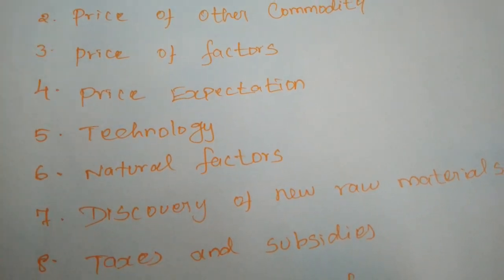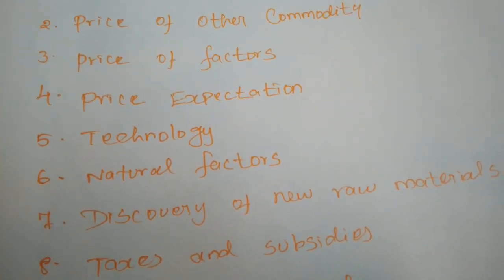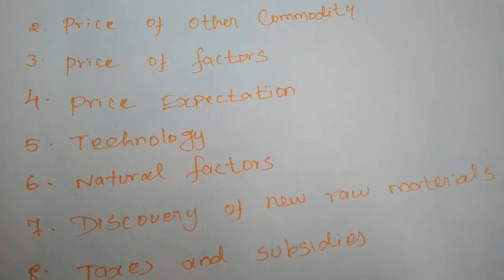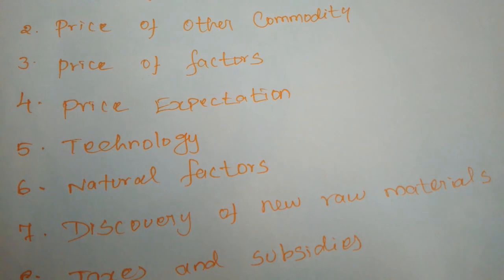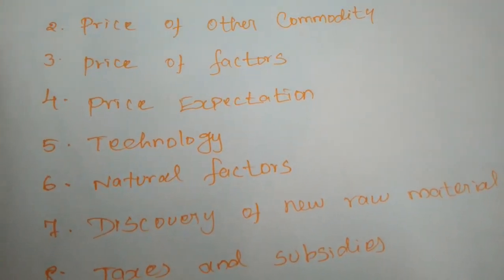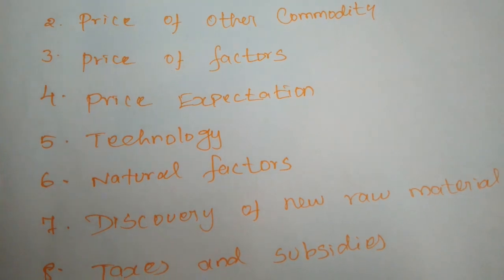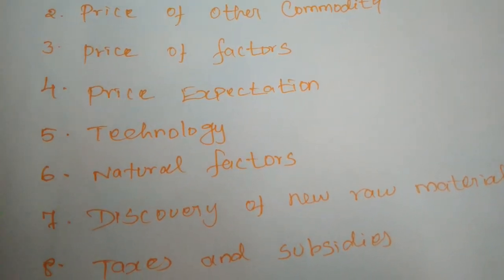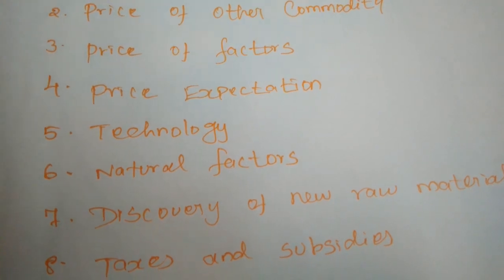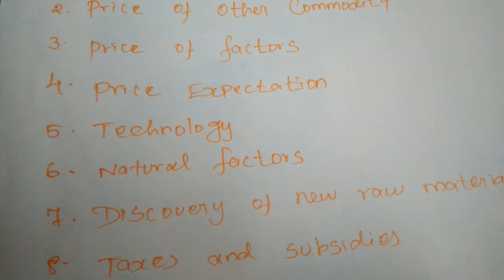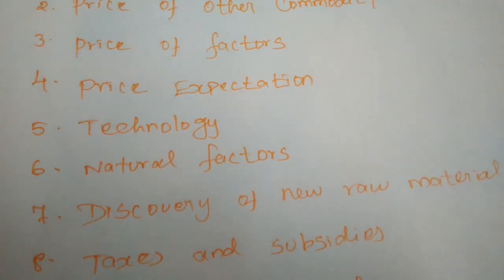Because even in a low demand period, if the producers increase the supply, the supply will not go to the market and they will not get any reasonable price. So if a rise in price is anticipated in future, the sellers tend to retain their produce for future sale, and so supply in the present market is reduced.